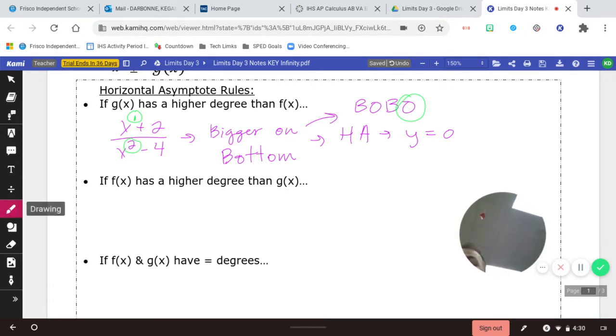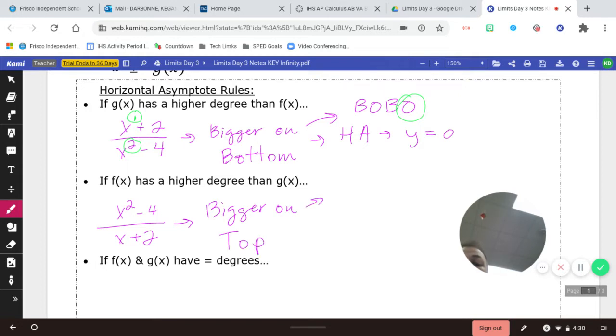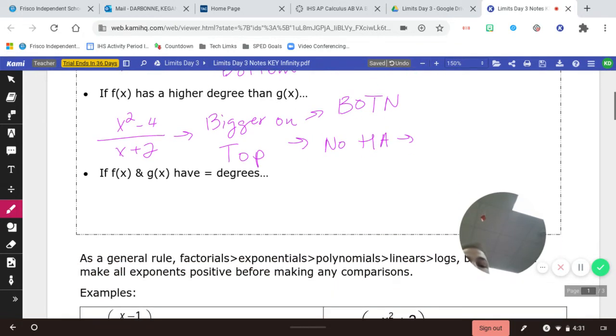Our next one: if f of x has a higher degree than g of x. Let's flip that same equation around, so we have x squared minus 4 over x plus 2. Now this is bigger on top, which we say is BOT, bigger on top, then N for none, because we have no horizontal asymptote. We have a slant asymptote instead.